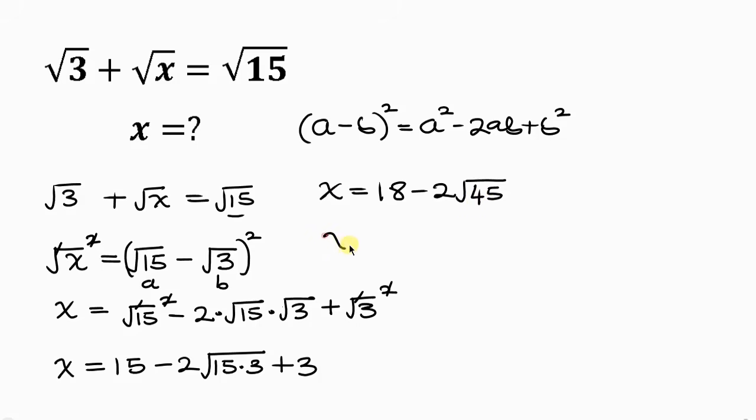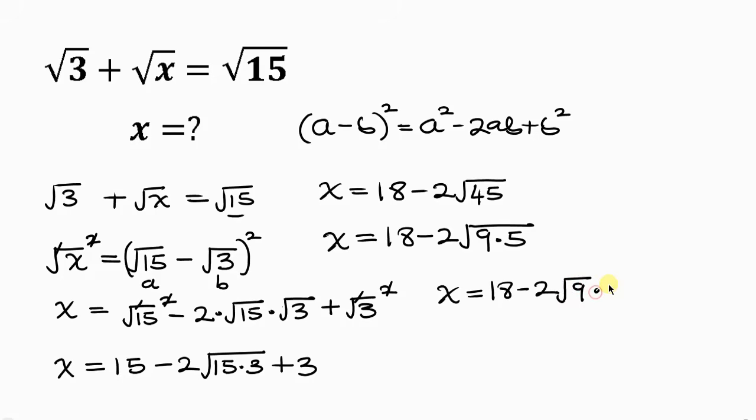Now simplifying further, x becomes 15 plus 3 is 18, minus 2 times the square root of 15 times 3, which is 45. Well, we can't leave our answer like this because 45 can be simplified further. So x equals 18 minus 2 times the square root of 45, which is the same as 9 times 5. This expression can be split into the square root of 9 times the square root of 5.